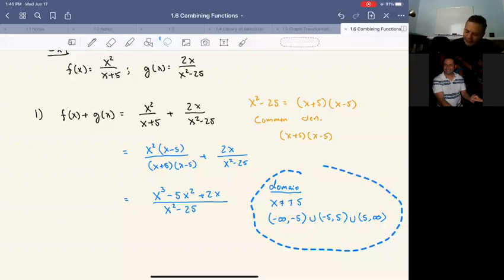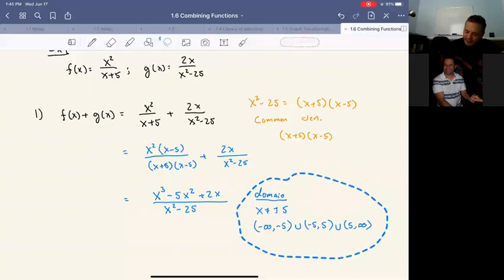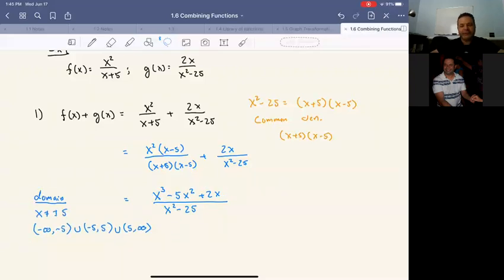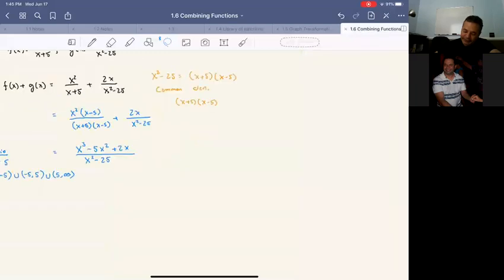Let me move that over just a little bit here. So that's the expression for f of x plus g of x with the domain.